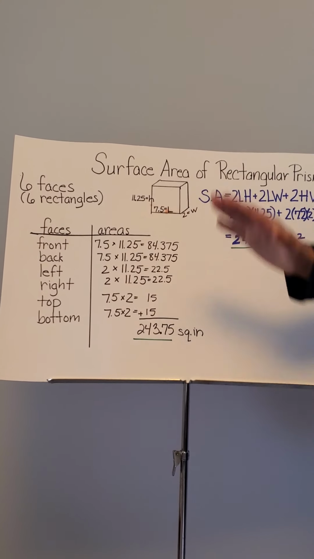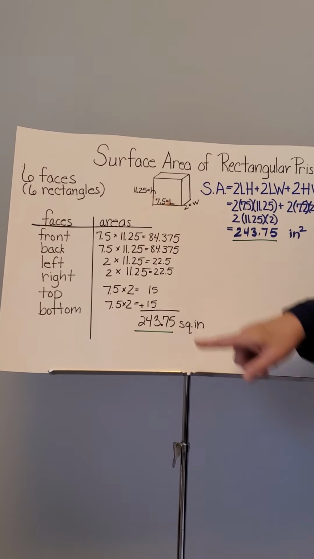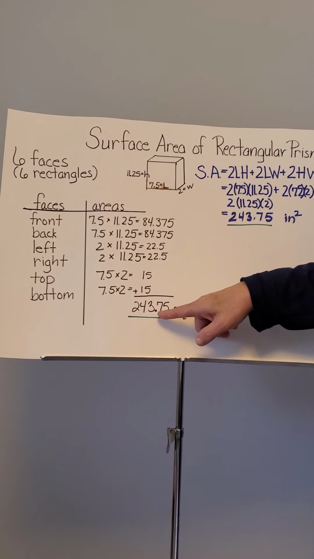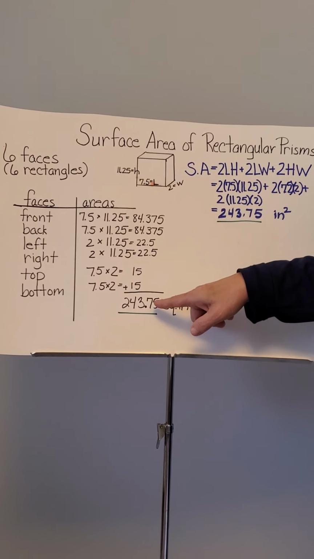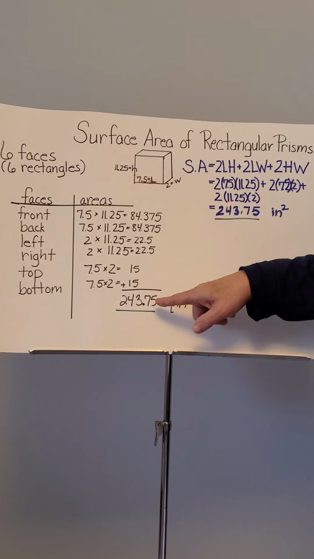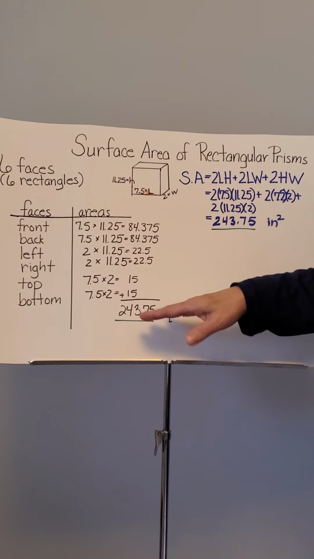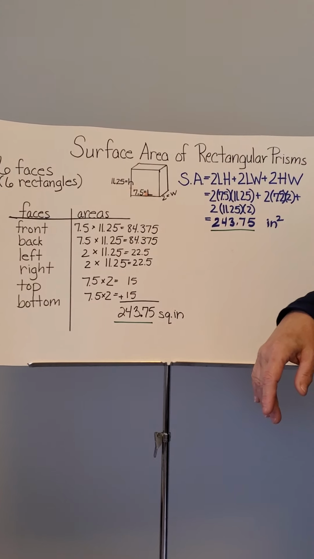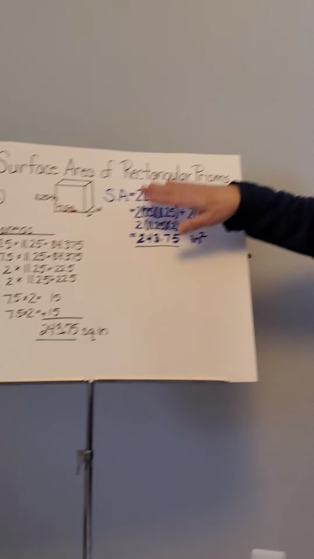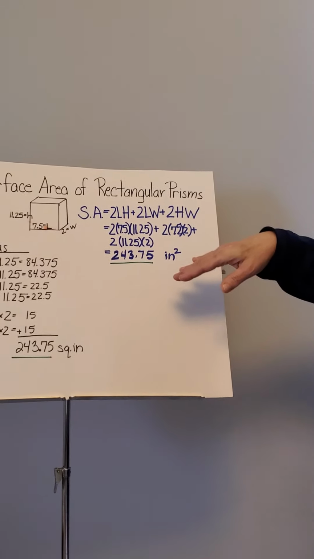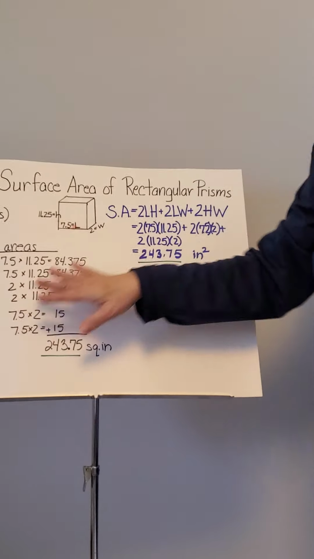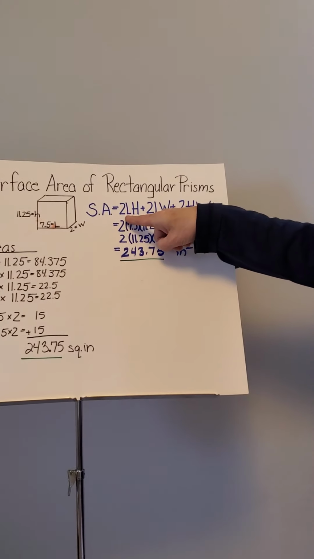When I add up all 6 face areas, the grand total is 243 and 3/4 square inches. That's how many square inches of cardboard to make that cereal box. Almost 250 square inches.